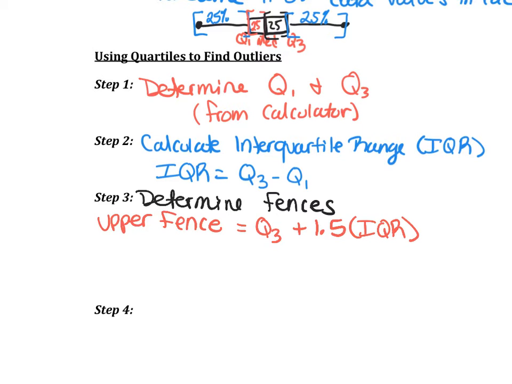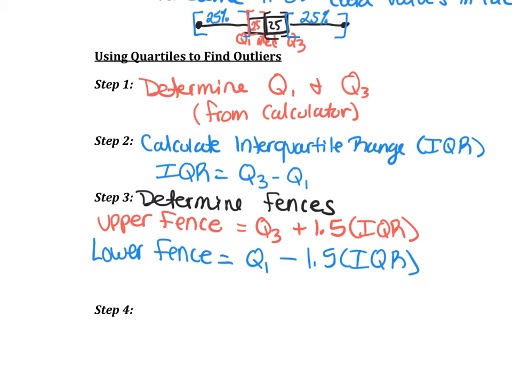It's telling you if any of your data values are past that boundary, past that fence, they would be considered outliers. I'm going to do the same idea for our lower fence, but it's the lower quartile, so Q1 minus 1.5 times the IQR.